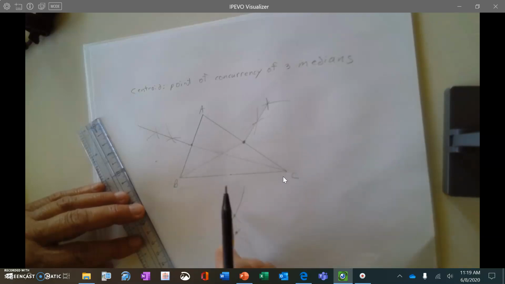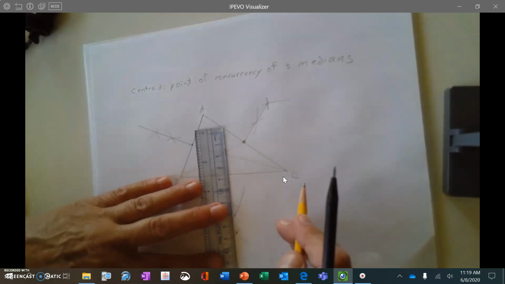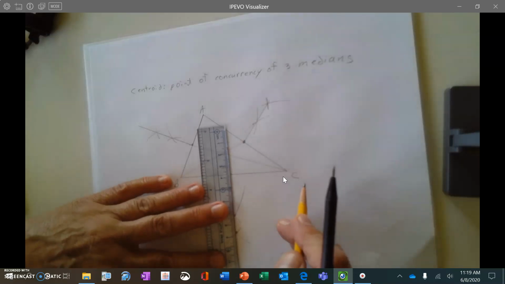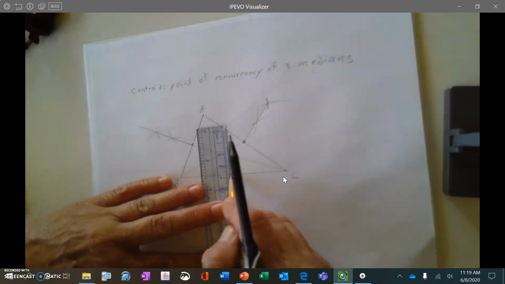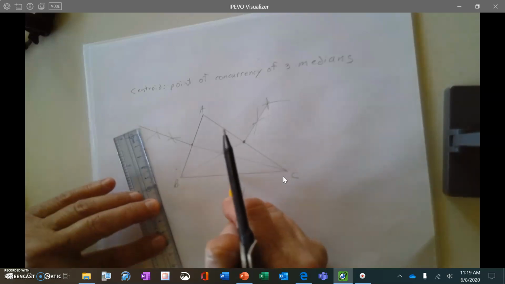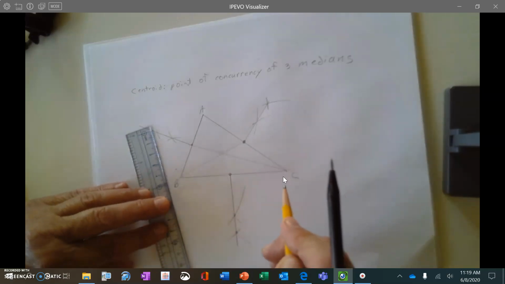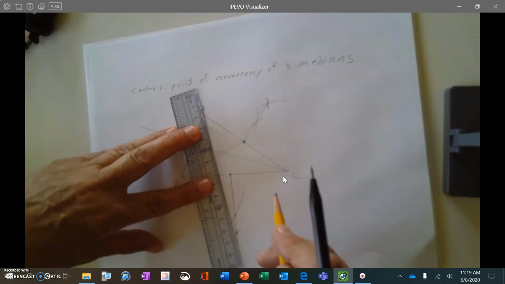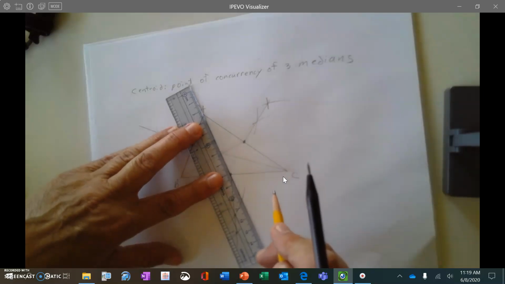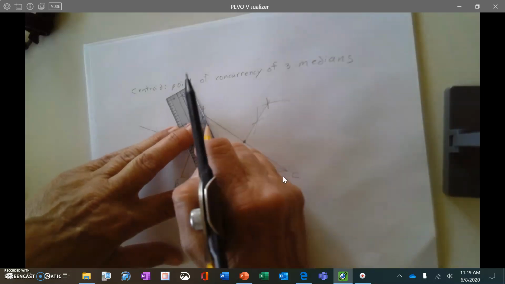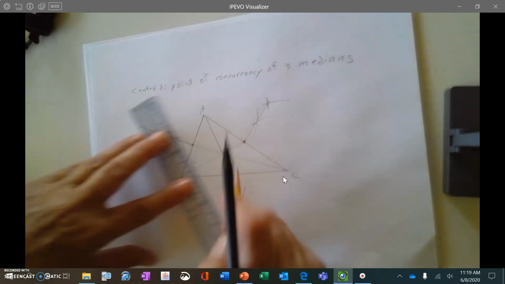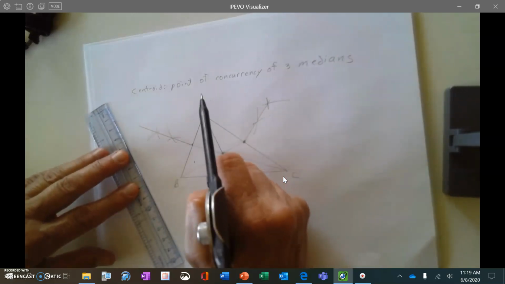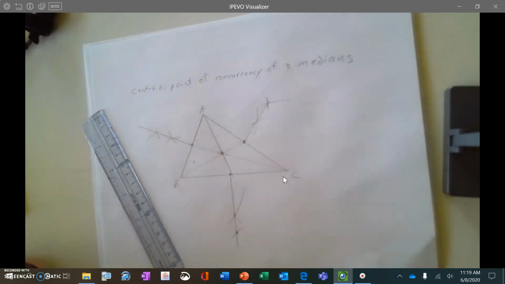So if those 2 points are on the perpendicular bisector, if I connect them, that will give me the perpendicular bisector, which allows me to find the midpoint. Now a median goes from the vertex to the midpoint of that opposite side. So all 3 of these medians come together at that one point called the centroid.